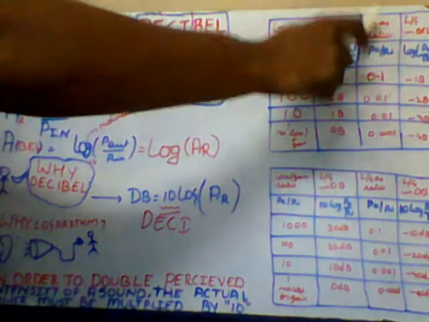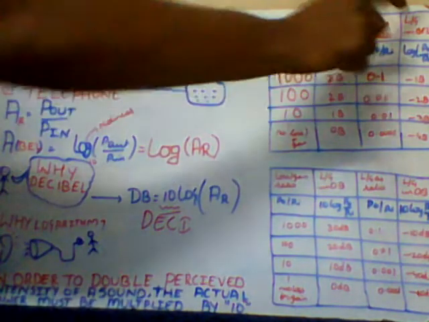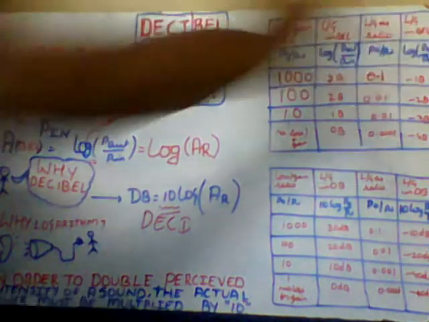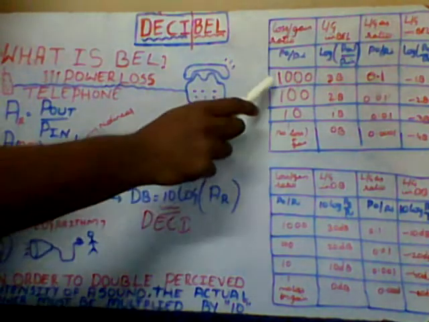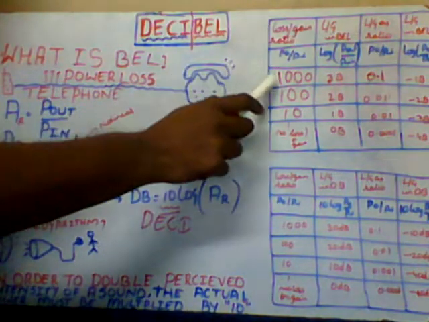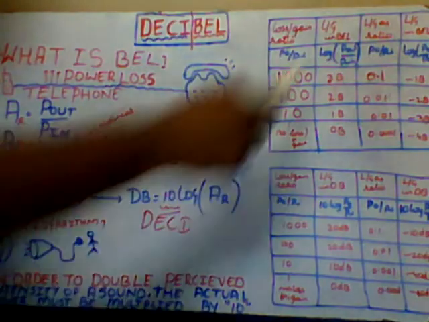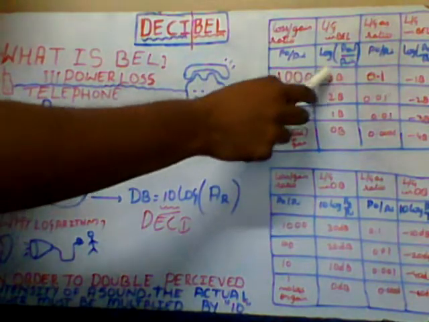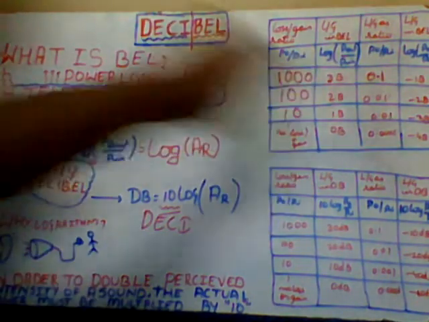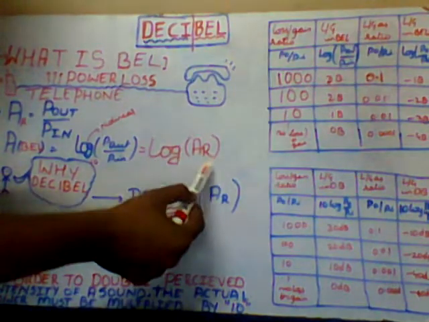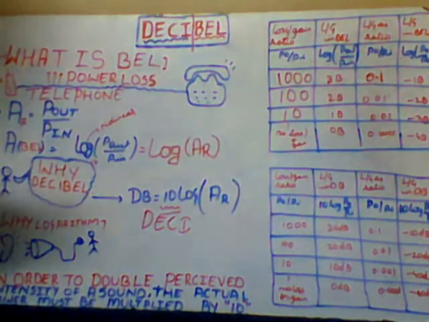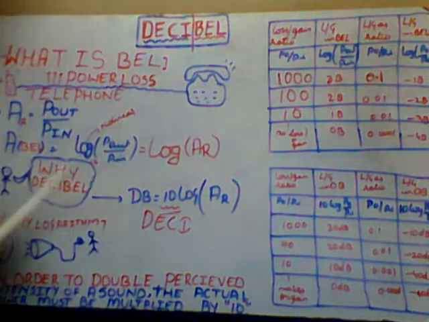If we consider the basic initial ratio as 1000, in terms of bell it is 3 B. Why? Because the log of 1000 is 3 B, that is 3 bells.